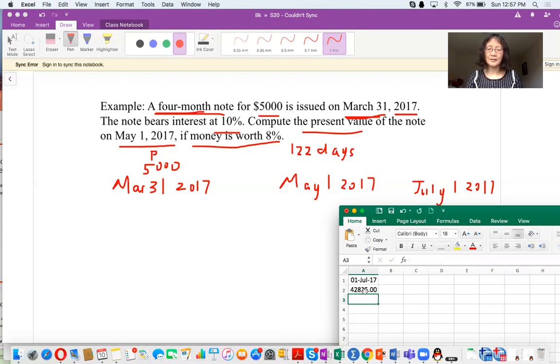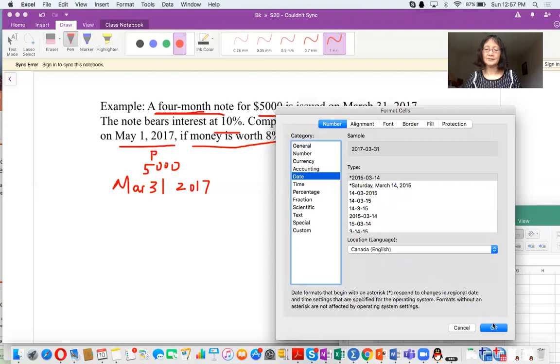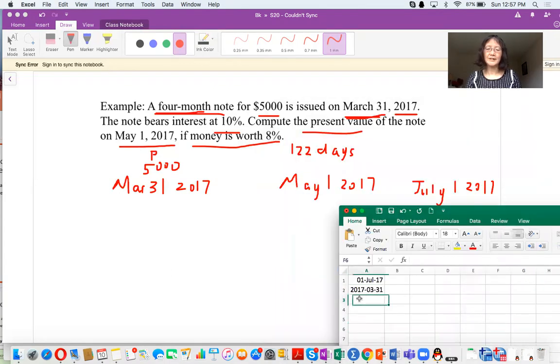I have to convert this one to the date format, using Format cells, date. Now you do the subtraction, this one minus this one. I get 92 days between those two.